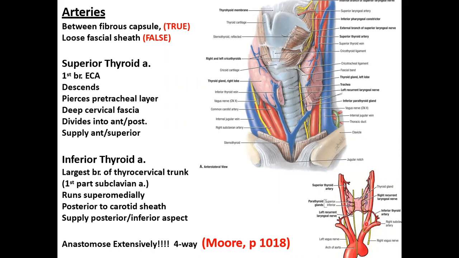And then here's your common carotid artery with the external carotid artery and then your superior thyroid artery. So this is the right side. And then on the left side, it's still your inferior thyroid coming off of your thyrocervical trunk and your superior thyroid coming off of your external carotid. It's just that you no longer have that brachiocephalic trunk there.